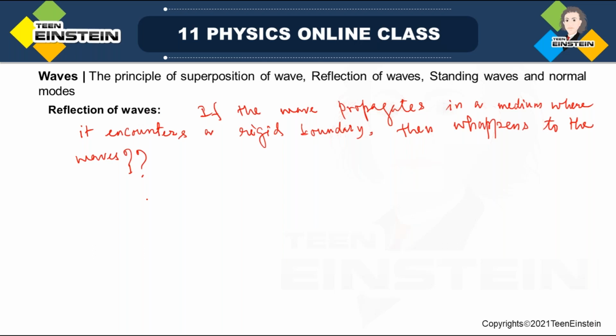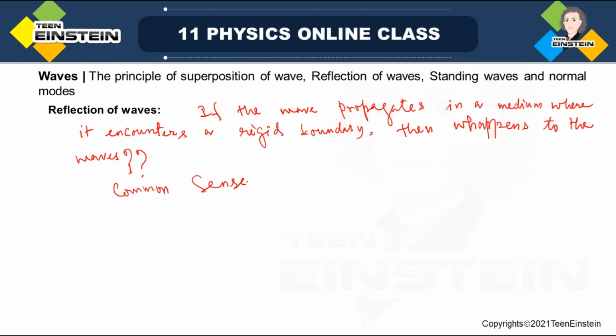So we have seen so far when a wave travels in an unbounded medium. Now if a wave propagates in a medium where it may encounter a rigid boundary, then on reaching the boundary, what would happen? So what is the common sense?